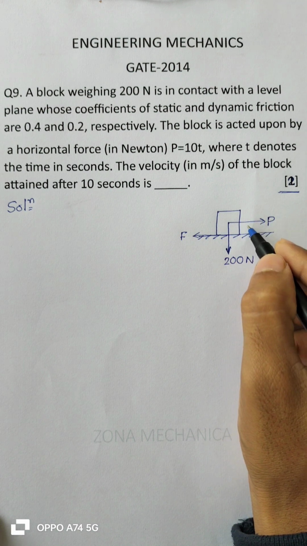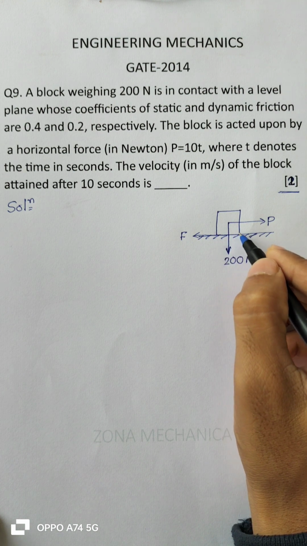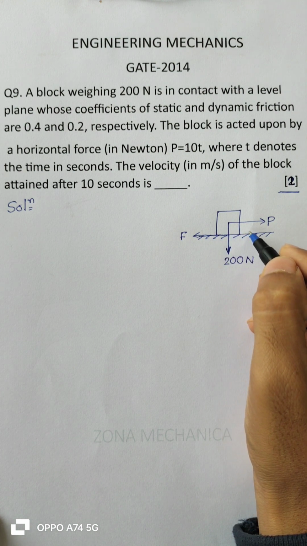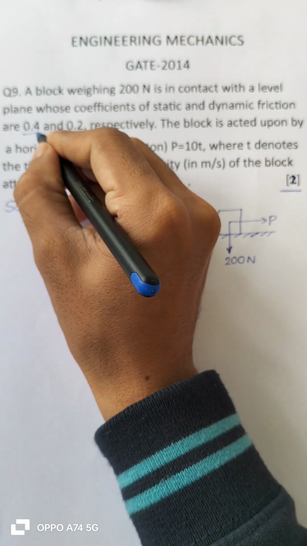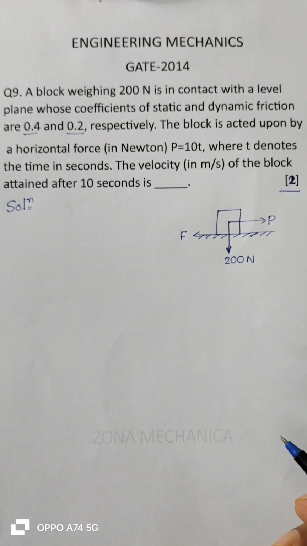The surface is rough. The coefficients of static and dynamic friction are given as 0.4 and 0.2 respectively. The question is, what will be the velocity in meter per second of the block attained after 10 seconds?